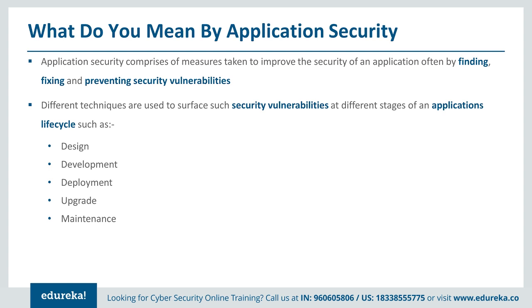So at any point in an application's cycle, security will be available. I mean, we need to be more careful and concerned about the application cycle. Application security is not only finding bugs and fixing them, it is also preventing vulnerabilities in any life cycle of the application. So this module is especially concentrating on application-level security.